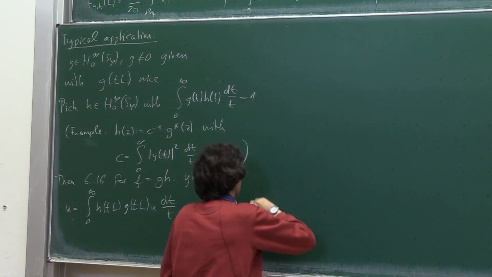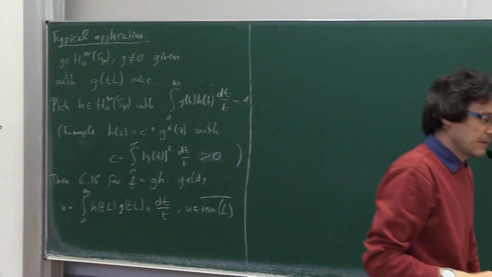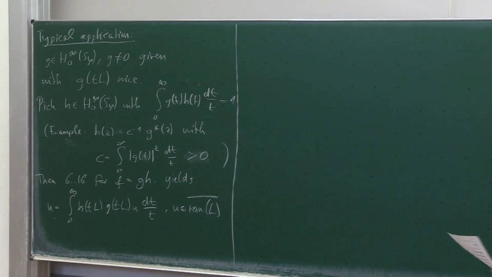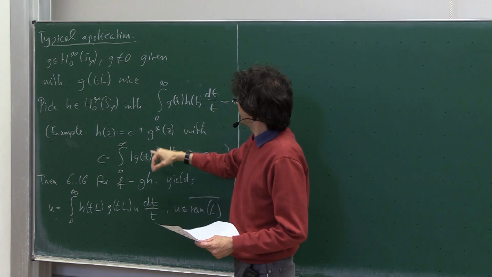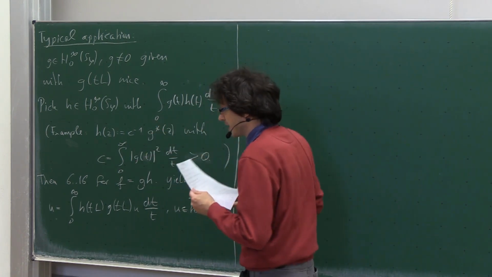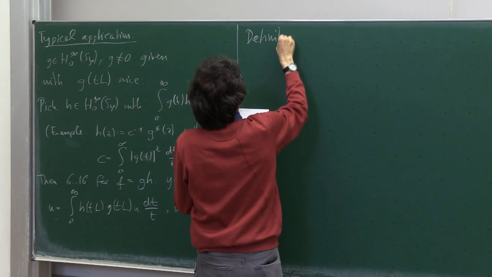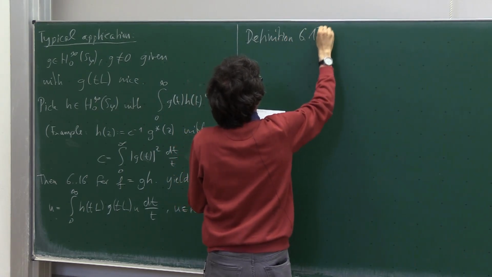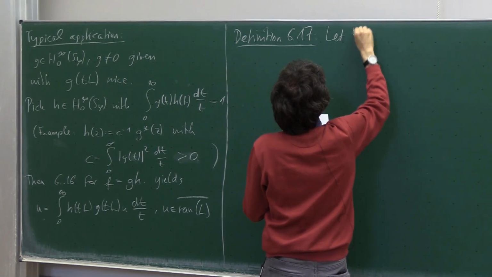So that's the general way this theorem is used. And you see, whenever you have some g that is non-zero, you need such a function h that makes it run. And this auxiliary function h that gives you the right normalization will now get a name. So that's the next definition.